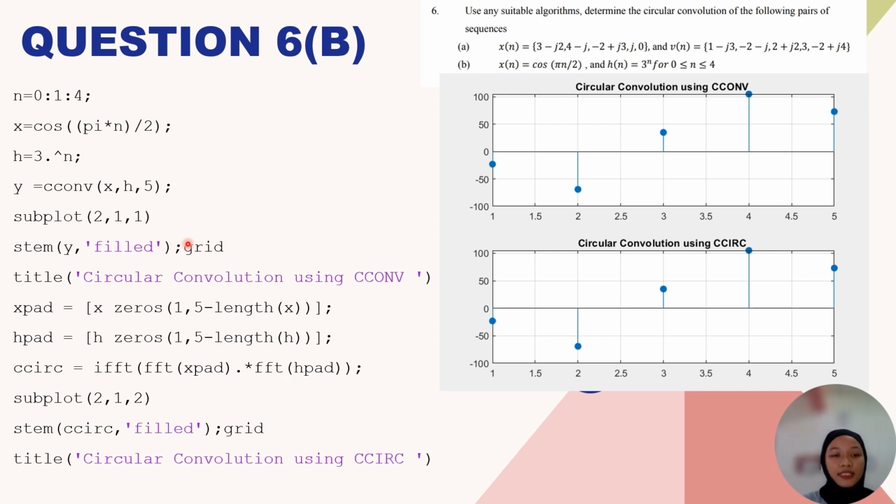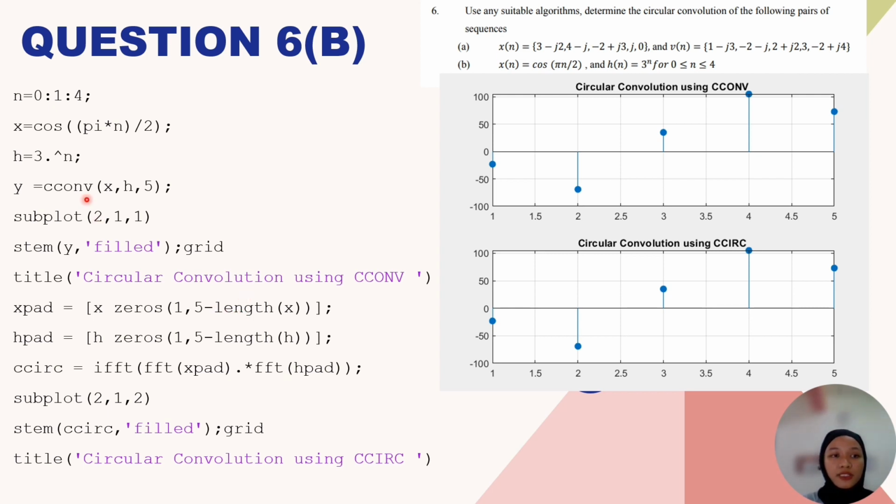And then the second method is the IDFT and FFT method. We will add the 0 padding to x equation and h equation to the length of 5. Why do we use the length of 5 instead of 9 like in question 6a?